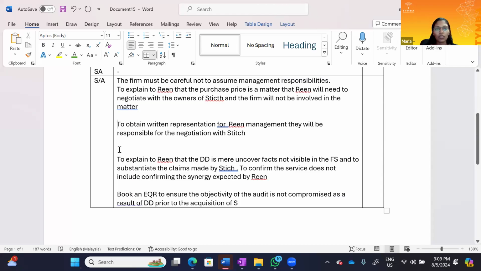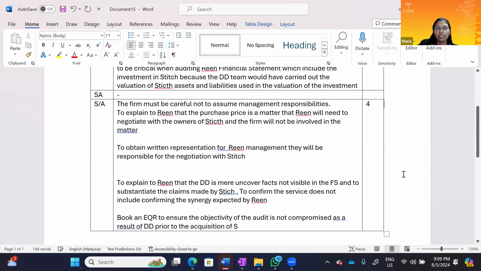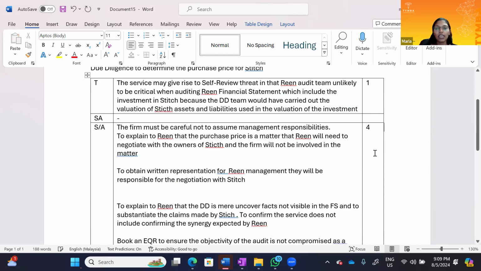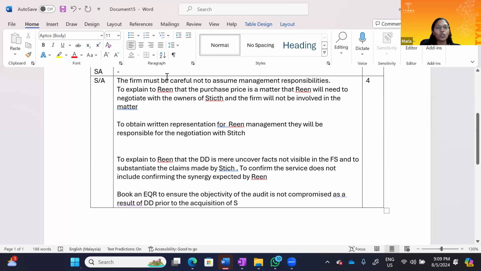So this is 1 mark, this is 1 mark, and this is 1 mark. In total here you can earn up to 4 marks, because for each safeguard or action that you put in, you can get 1 mark. Okay, can I move on to the next point, or do you have any questions to ask?